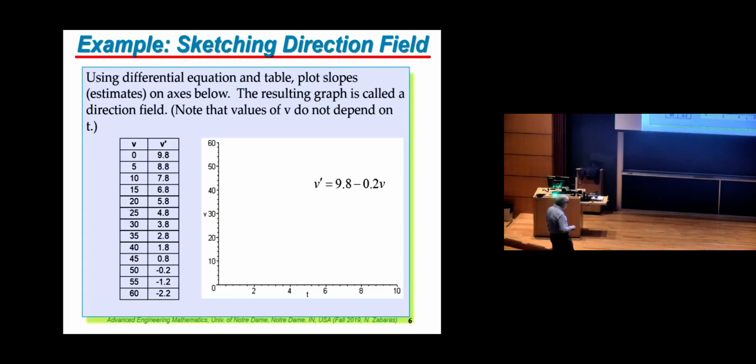Can you guess what's the direction field? Maybe you already have done this in your other undergraduate courses. What's a direction field? You can see from the table that is given here on the left, right? We're going to look at the right-hand side of this ordinary differential equation, okay?